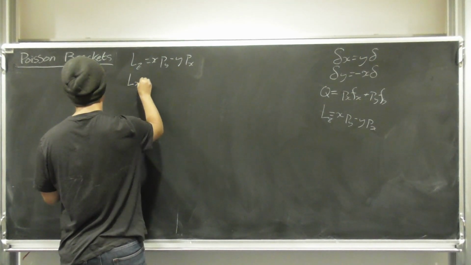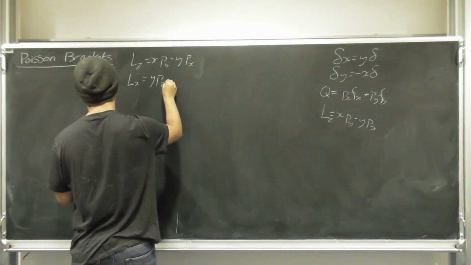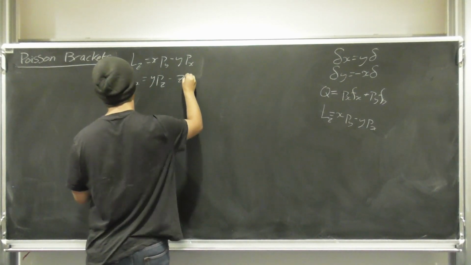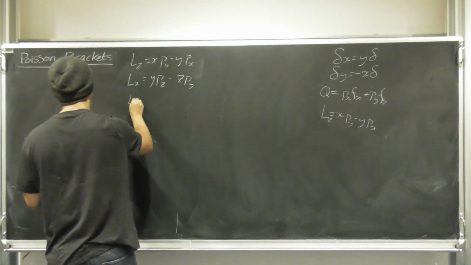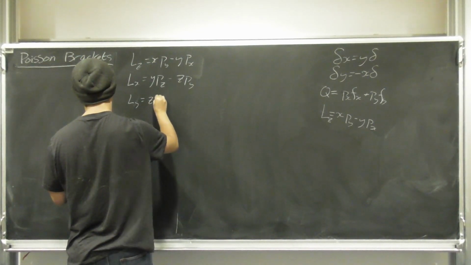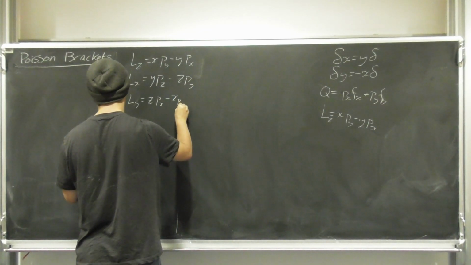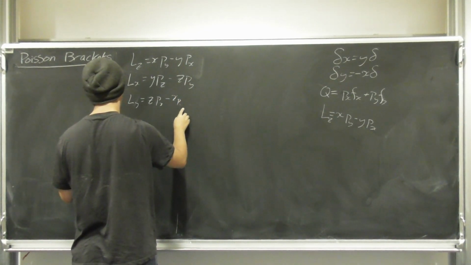L sub x is equal to y times p sub z minus z times p sub y. And L sub y is equal to z times p sub x minus x times p sub z.